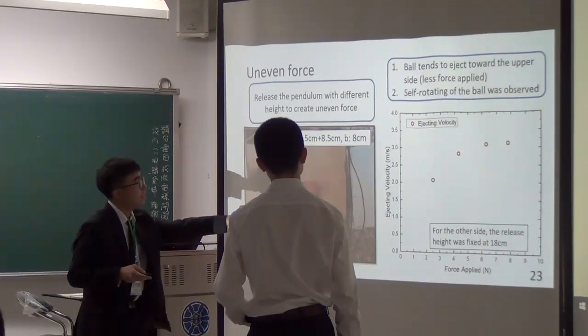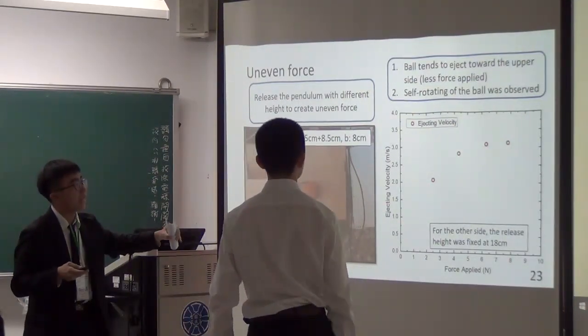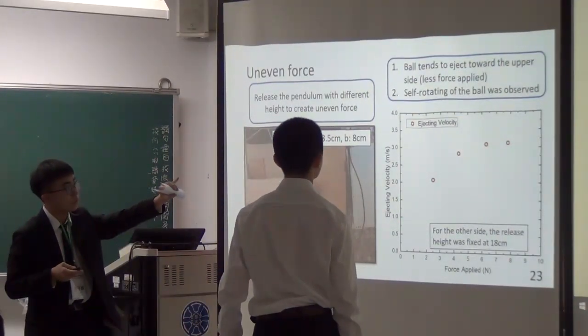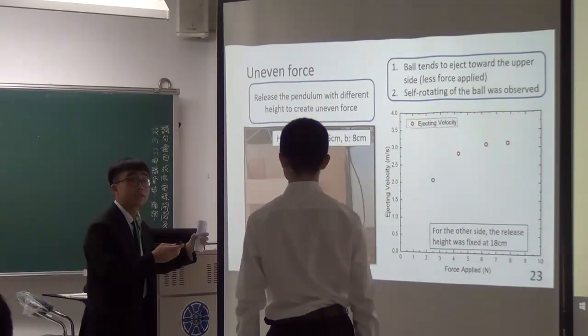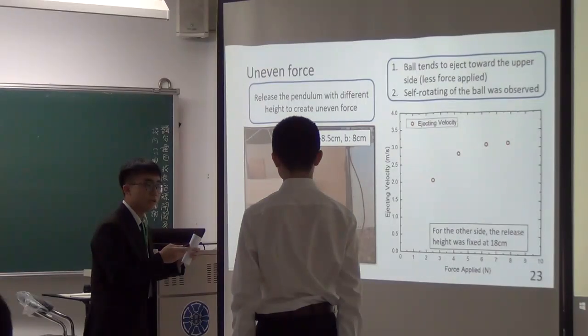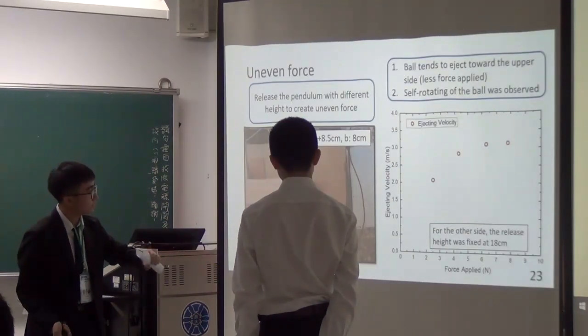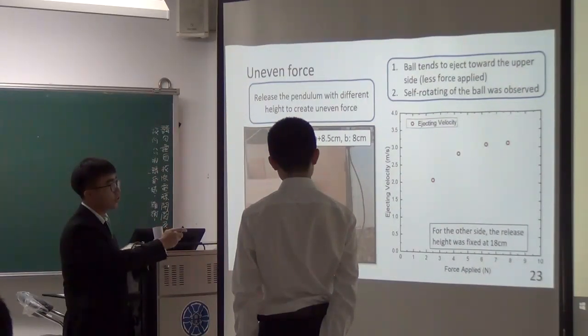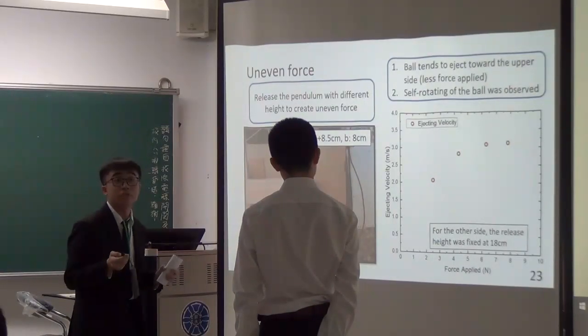As you can see, we tap on the ping pong ball, so we can analyze its self-rotation, and we observe that. So this means when uneven force is exerted on the surface of the rulers, the trajectory in the video tends to eject toward the opposite of the last force applied.